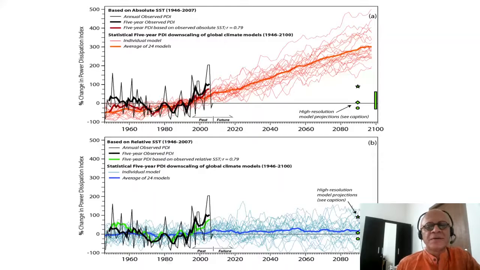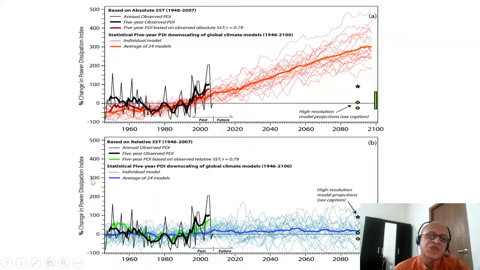But here you see that the historical behaviors and future projections should resolve this issue of whether absolute SSTs matter, or we can do it based on relative SST, in which case you get a very different answer. That's what I'm going to point out and let you catch up on what the details are.